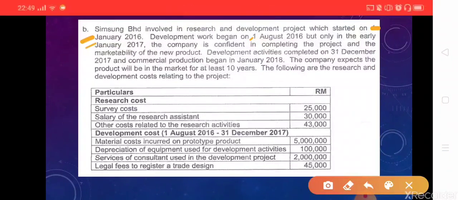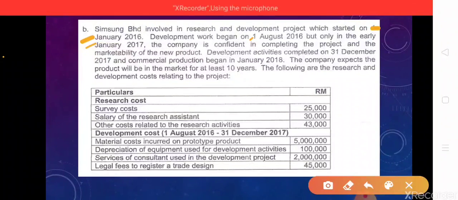Development work began on 1st August, but only in early 2017 the company is confident in completing the project and the marketability of the new product. Means that during January 2017, your development cost met the criteria of capitalization, right?